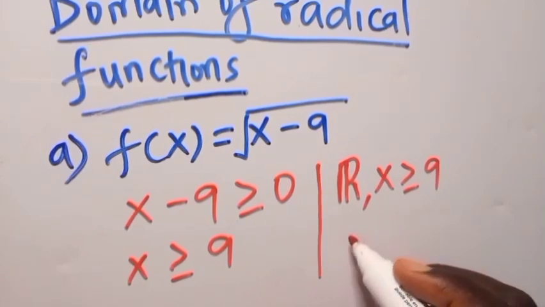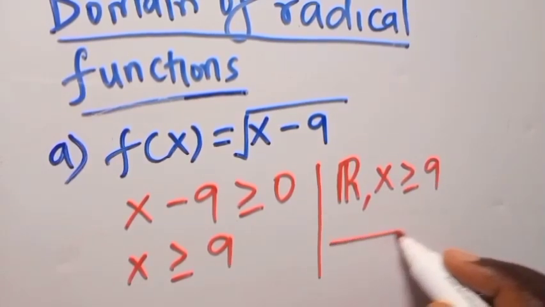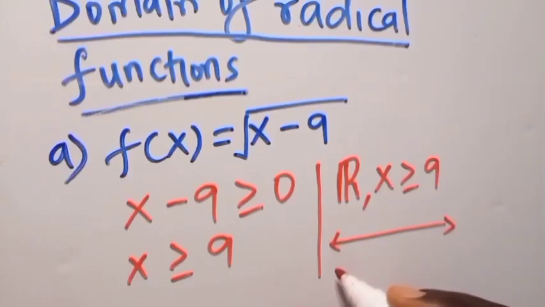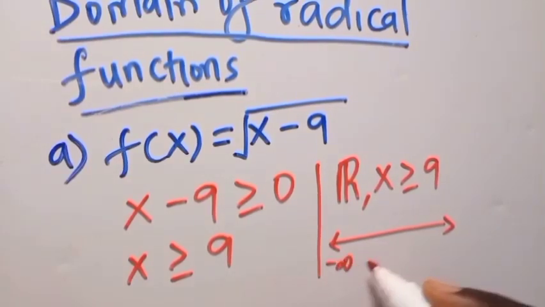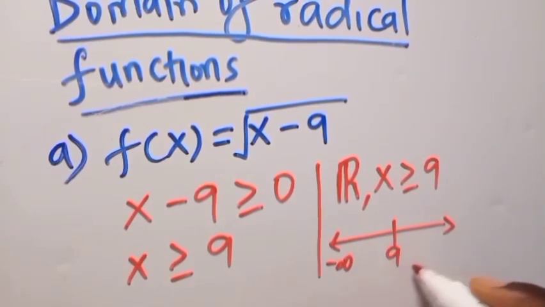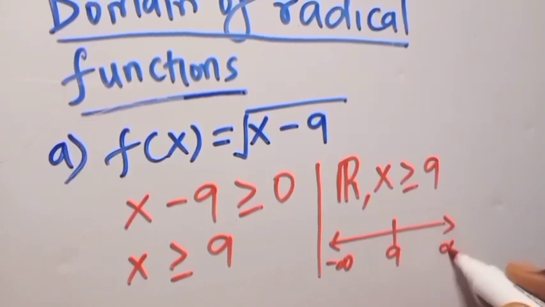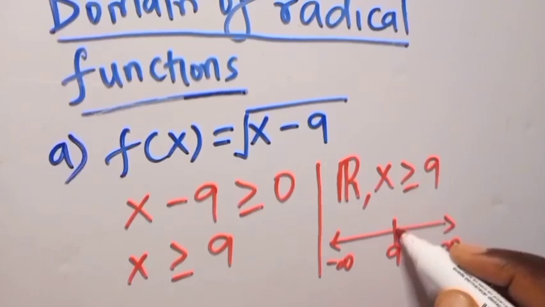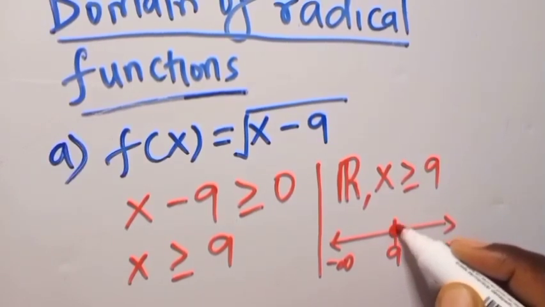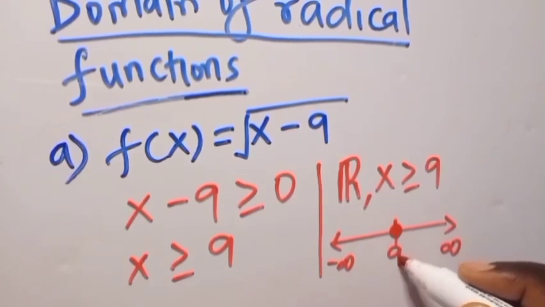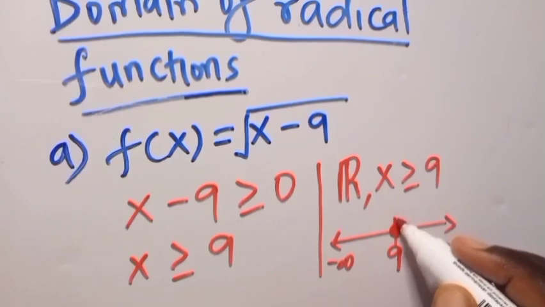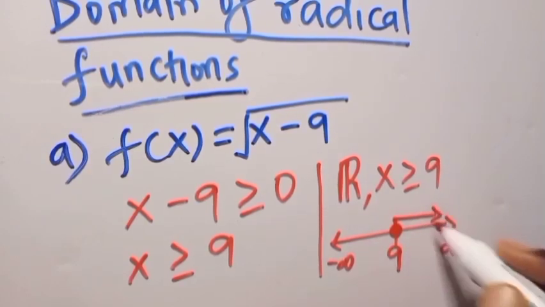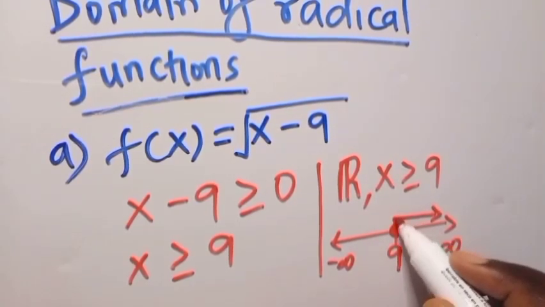And if we represent it using a number line, then we shall have, this one is a number line. We have negative infinity, we have 9 here, we have positive infinity. Because this one is greater than or equal to, we shall shade the point where 9 is, then it is greater, so it goes that way.